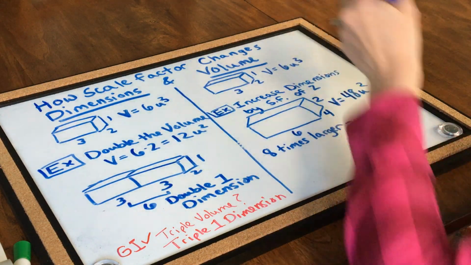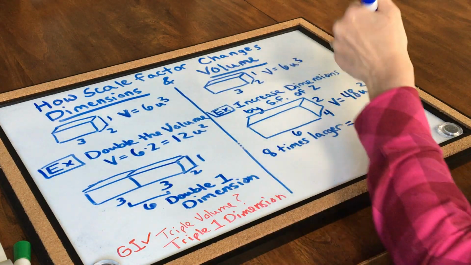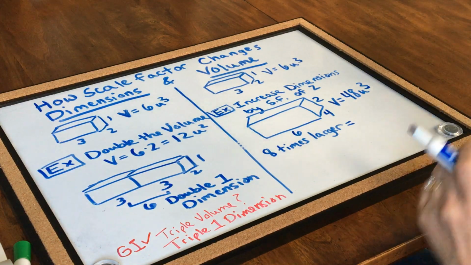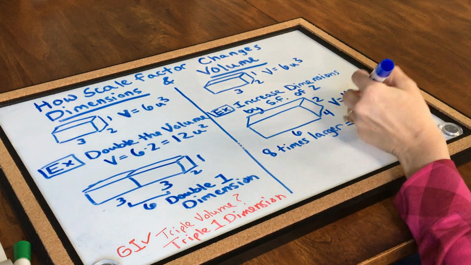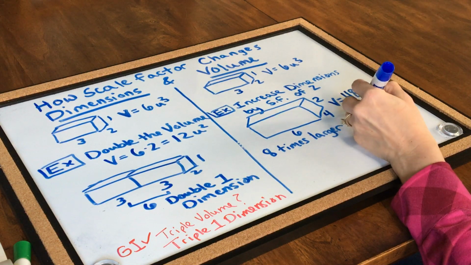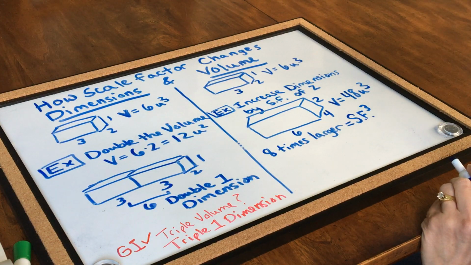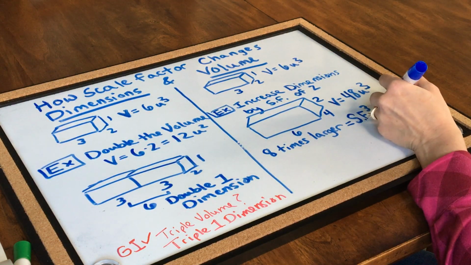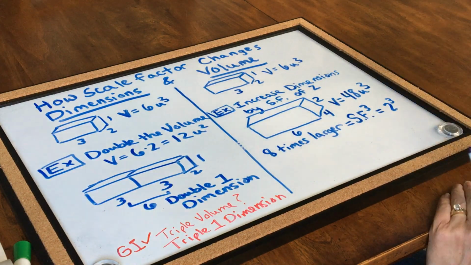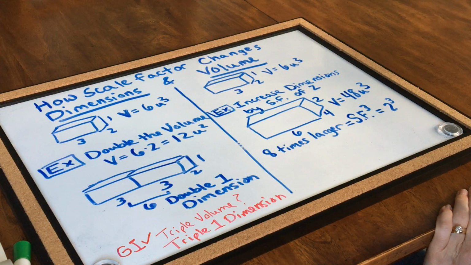I just realized I made an error here. Volume is not in square units, it's in cubic units. So what that means is when I multiply, it's multiplied by my scale factor cubed. So if my scale factor was 2, 2 to the third power, or 2 cubed, is 8. And that means my volume is going to be 8 times larger.